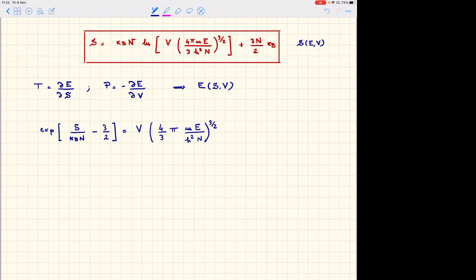Right? I just took this to the other side, divided by K Boltzmann N, and exponentiated everything.